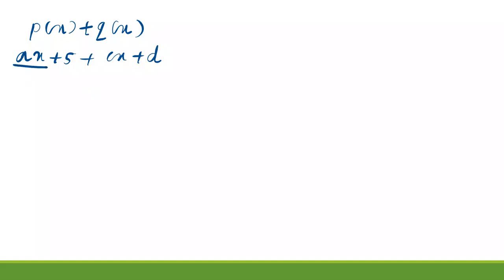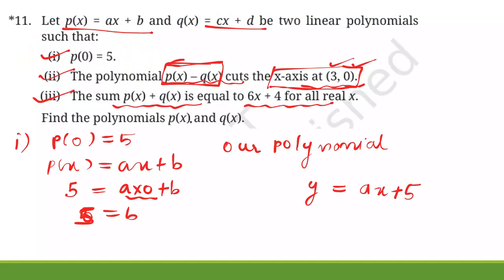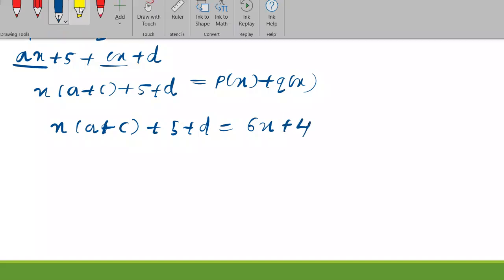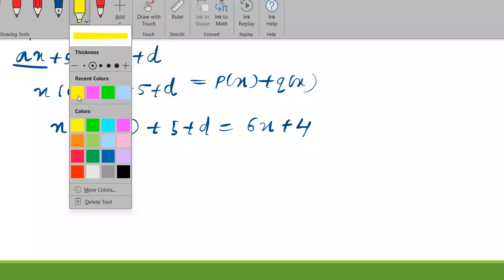We can write ax and cx together, so x into (a plus c) plus 5 plus d. Now this is p of x plus q of x, and it is given to be equal to 6x plus 4. So x into (a plus c) plus 5 plus d is equal to 6x plus 4. Now you can compare the corresponding x terms and constant terms.